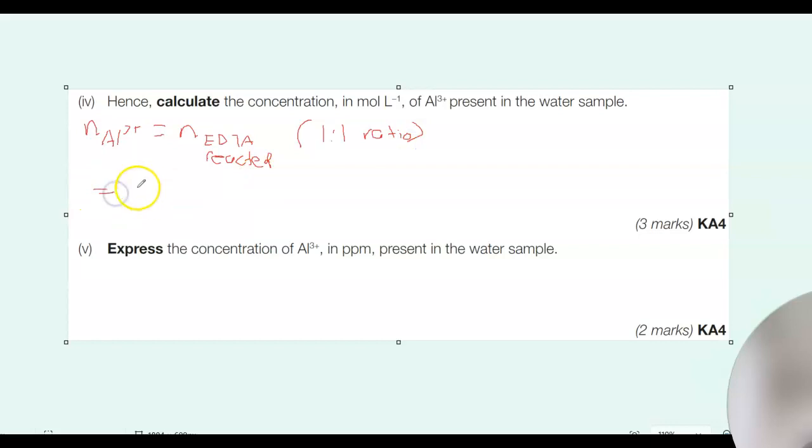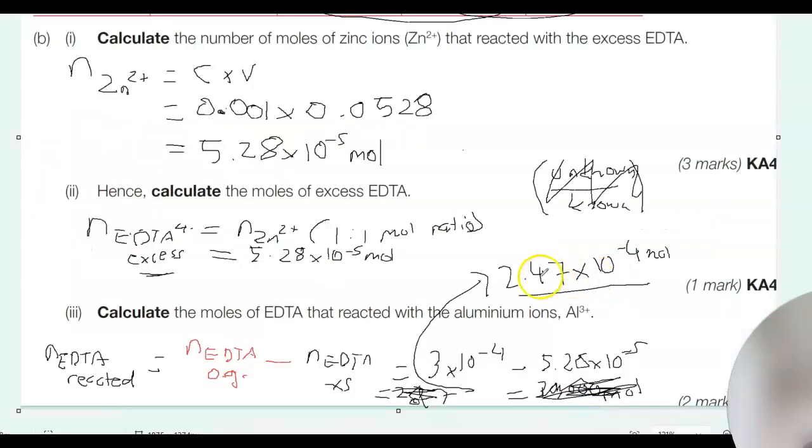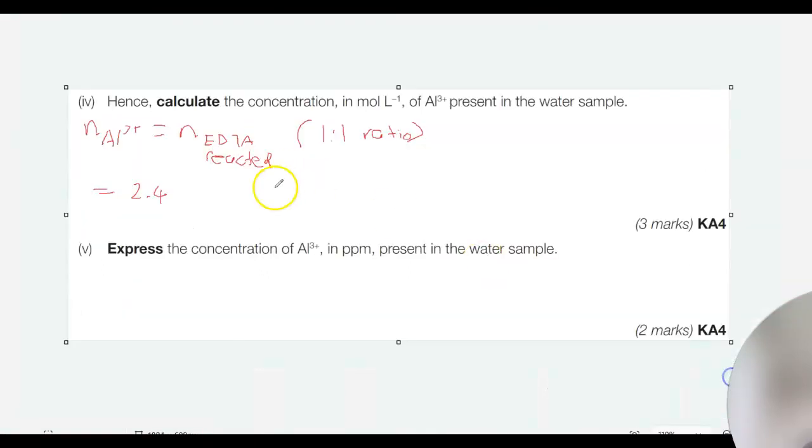So that's equal to 2.47 times 10 to the negative 4. Then the second step is concentration is equal to number of moles divided by volume. So that's 2.47 times 10 to the power of negative 4 divided by the volume of the water sample.